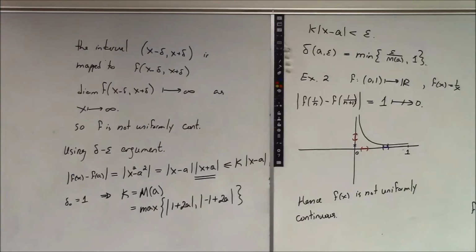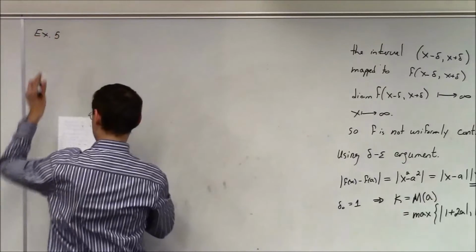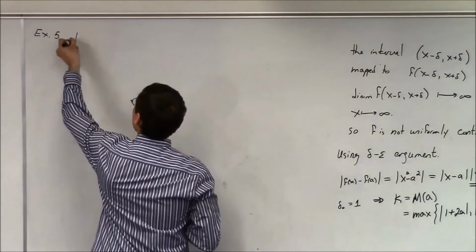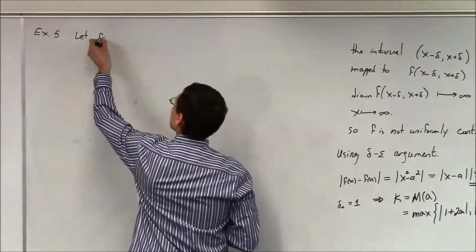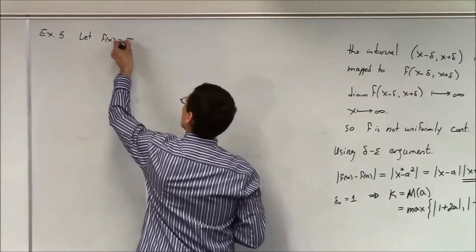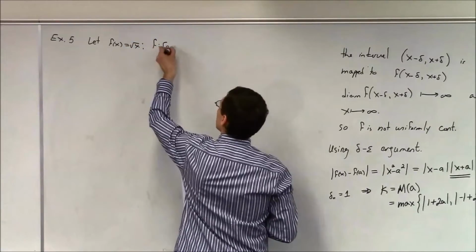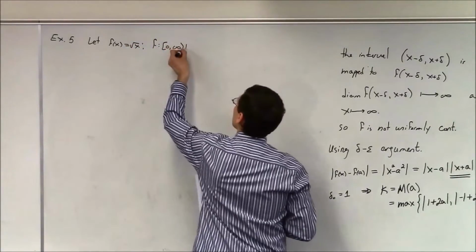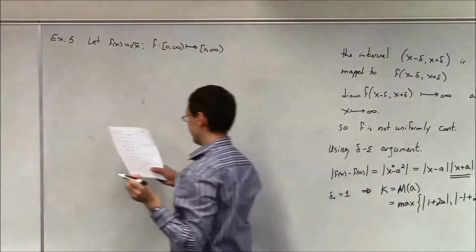All right, example 5. Let f of x be equal to root of x, and of course f is going to be from 0 to infinity into 0 to infinity.